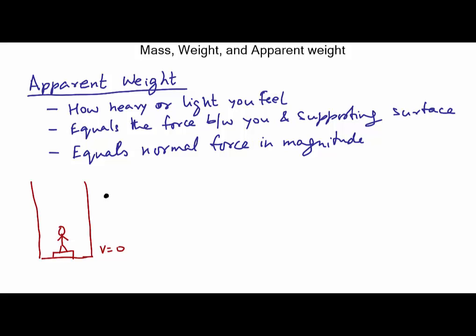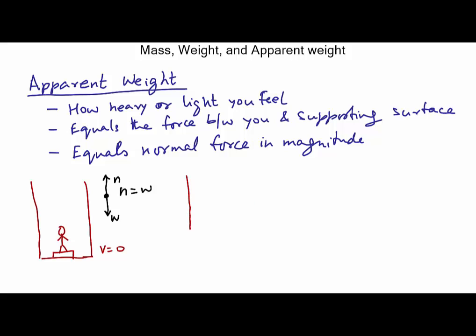You've got the long-range force of weight, which is nothing but the force of gravity from the Earth acting on you, and you have the normal force from the weighing scale or the surface that's supporting you. And since you're in equilibrium, these two have to be equal. The normal force equals the weight, and since apparent weight is equal to the normal force, you will feel your true weight. Everything is pretty normal.